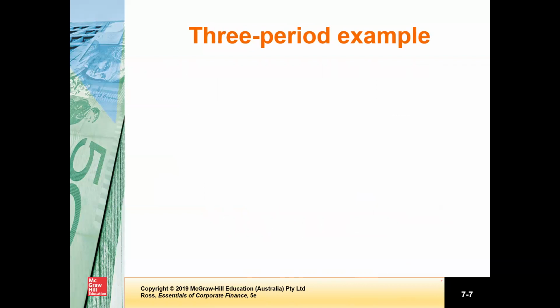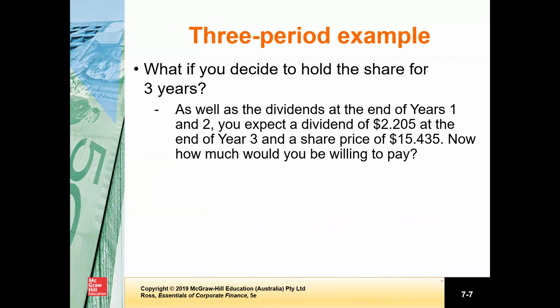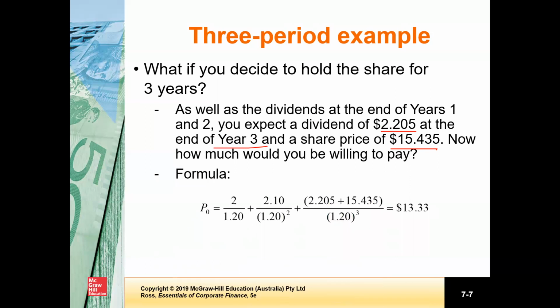Now let's keep extending into a 3 period example. You expect a dividend of $2.205 at the end of year 3. That means you also have an estimated dividend for year 3, and an estimated sale price at the end of year 3. So we use a similar present value model here. This is the present value of the year 1 dividend, the year 2 dividend, and the year 3 dividend and sale price.